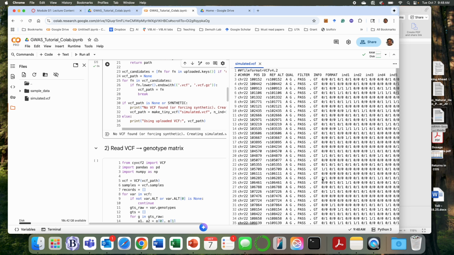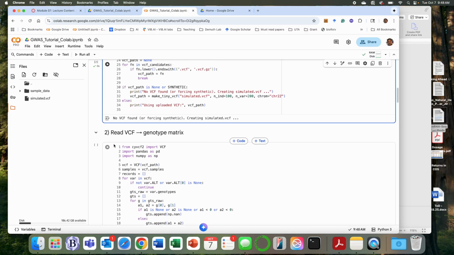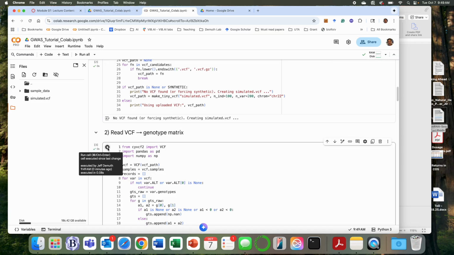That's what just got generated by that cell. Here we've got rows of SNPs, and we need rows of individuals with the SNPs in columns to do our associations. So that's the next cell: read that VCF file and turn it into a genotype matrix.